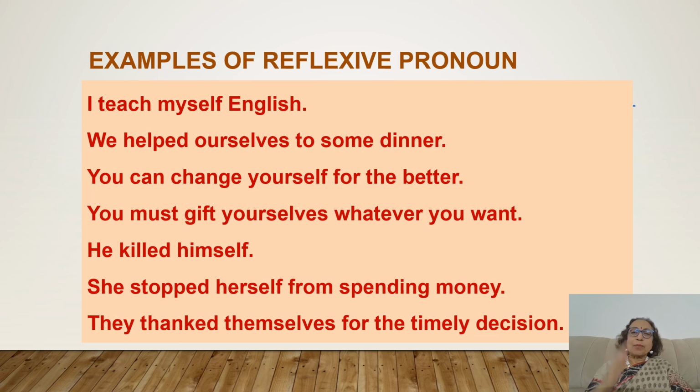That means the subject and the object of the noun are the same person. The same noun or the same pronoun referring to the same person or thing, with the verb in the middle, subject, object, same. That verb acts as a mirror and it reflects.